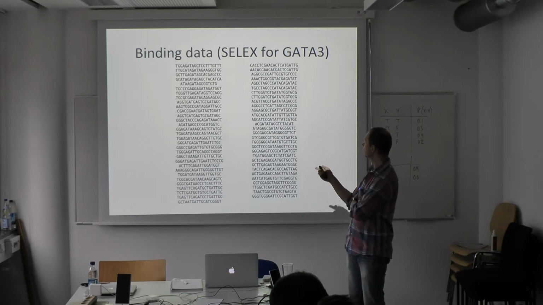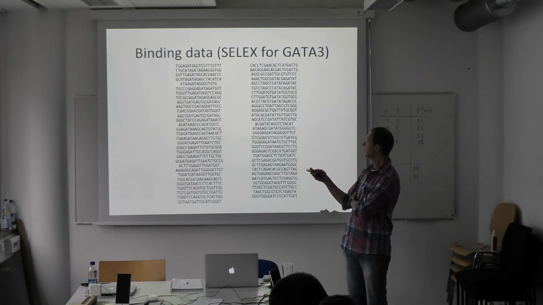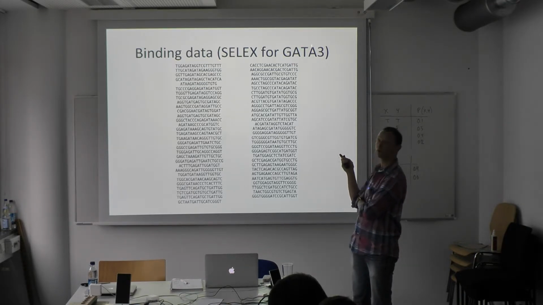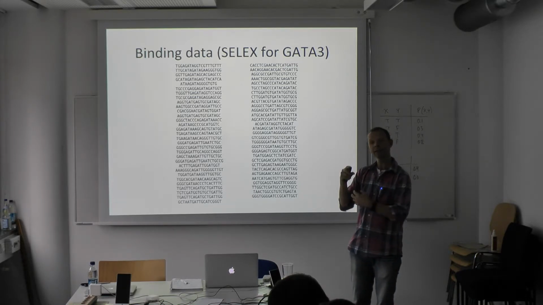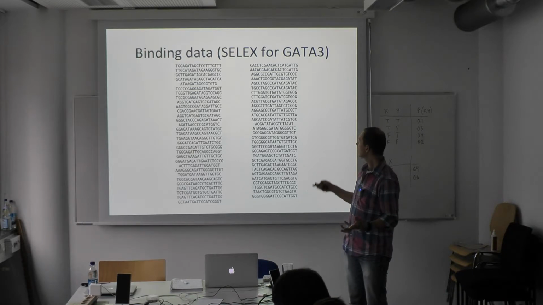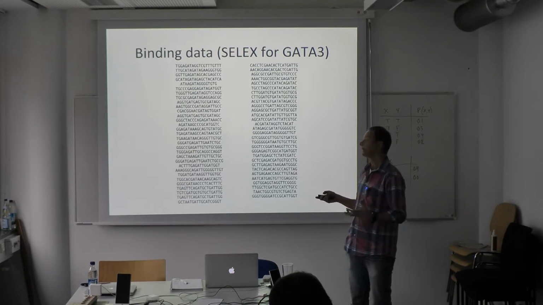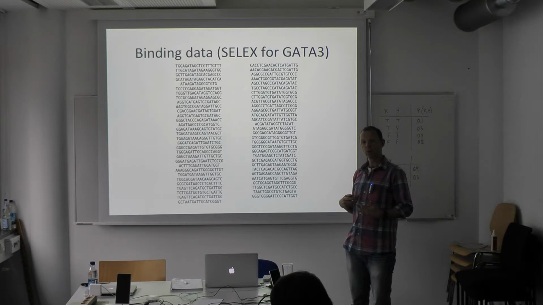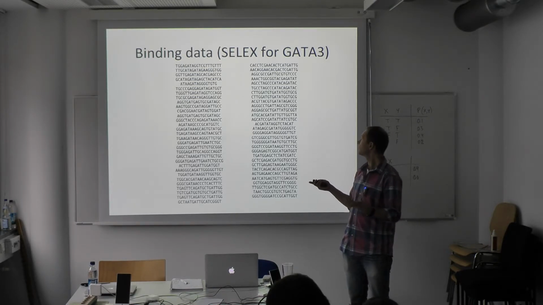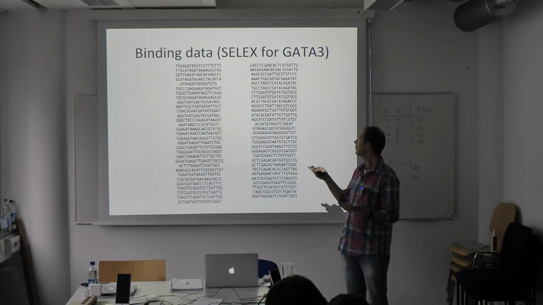What it does is that it generates nucleotide sequences that this transcription factor prefers. But it's done in a semi-random kind of way. So we end up with a whole lot of sequences, and although we know that they all bind to the transcription factor, we don't know exactly where.